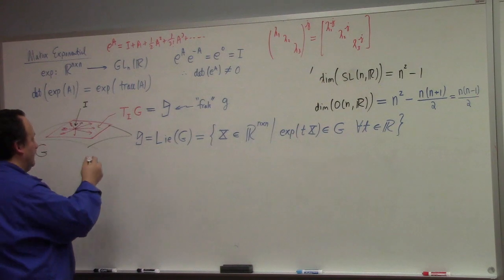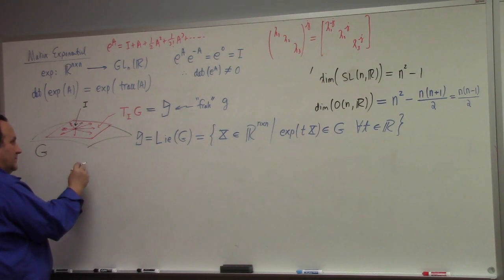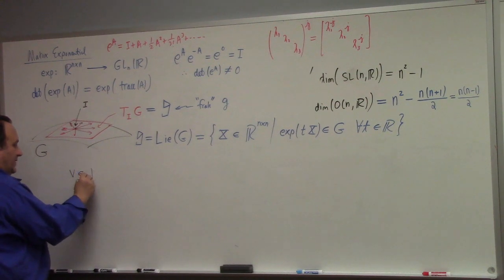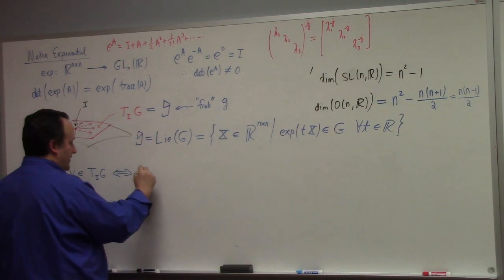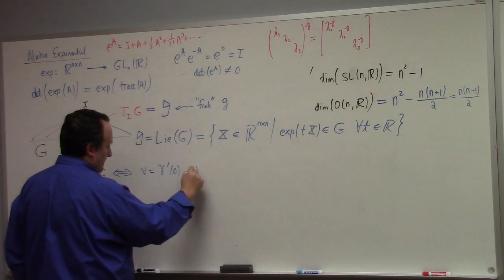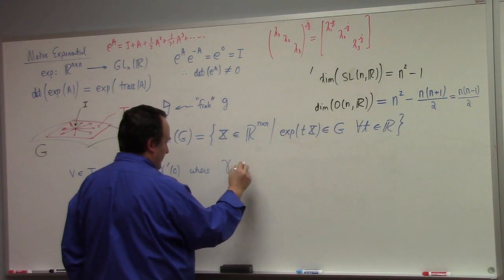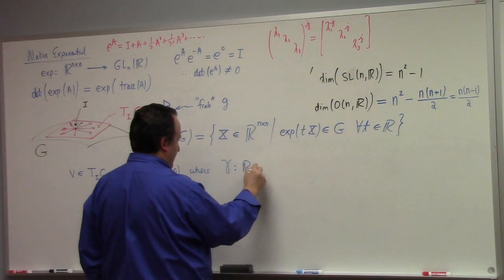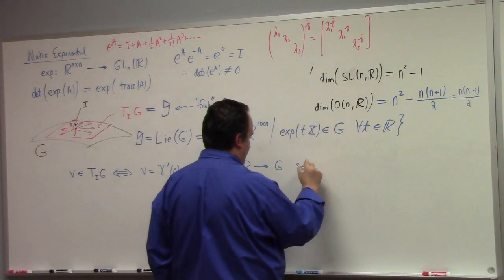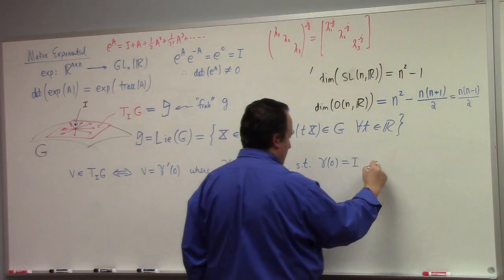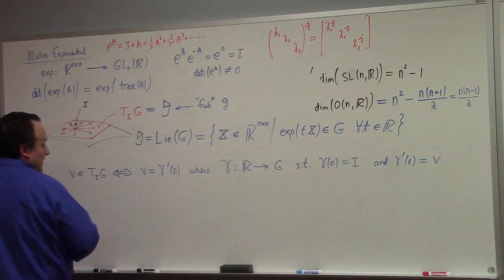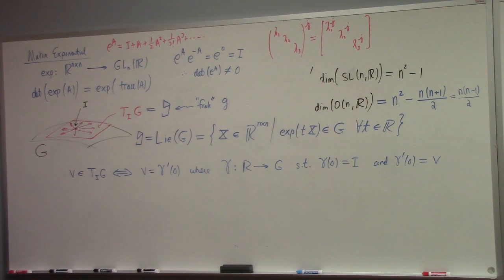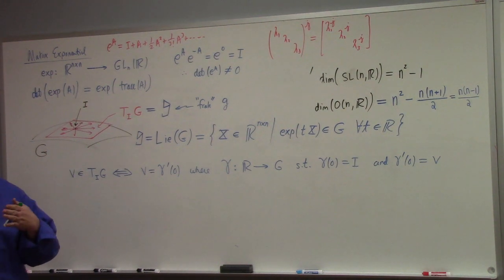All right. V is an element of the tangent space to the identity of G if and only if V is equal to gamma prime of 0, where gamma is a mapping from, let's say, the reals to the group, such that gamma of 0 is the identity and gamma prime of 0 is V. What I just wrote is essentially the definition of tangent space: the collection of vectors which appear as tangent vectors to curves.